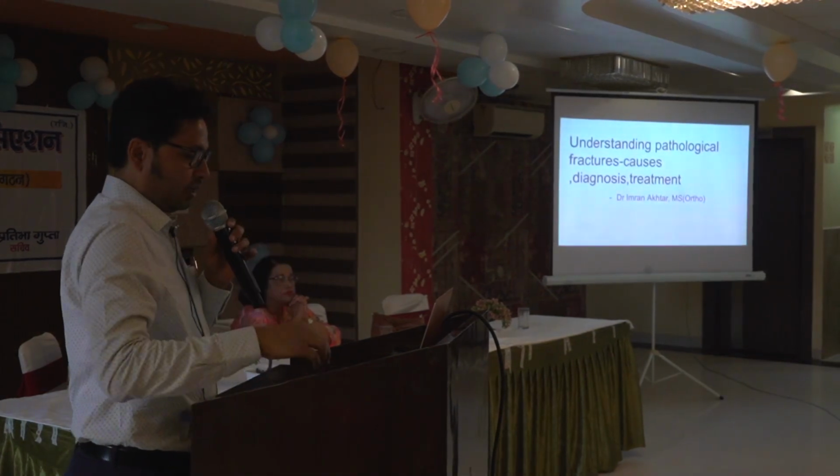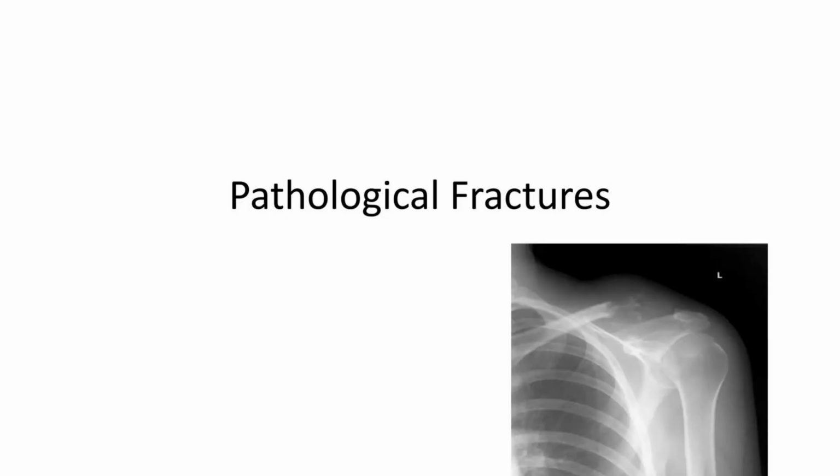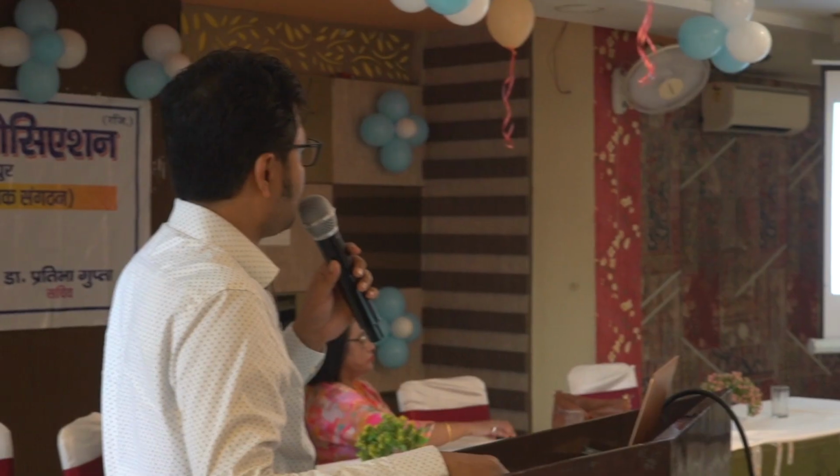And today we will discuss pathological fractures. Usually orthopedic surgeons encounter most of the fractures, but there are many fractures in which there are a lot of hidden stories behind it, not only trauma. So whenever you see a fracture in which the fracture line is not visible, then we should suspect a pathological fracture.